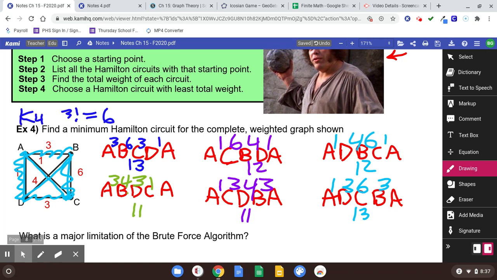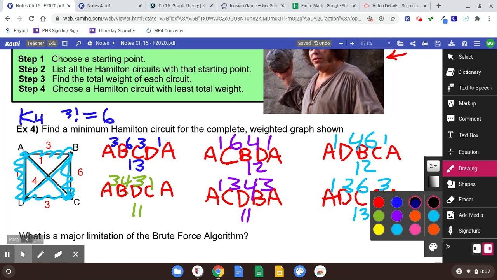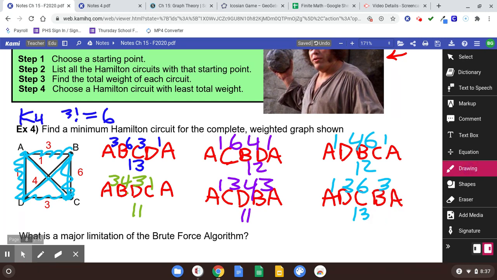So you're going to pick the minimum weight. The minimum weight looks like 11, right? Oh, notice there are ties. Can anybody speak to that? Does anybody know why there would be a tie? Why it makes sense that there's a tie? Exactly. If you go around one direction or you go the exact opposite reverse direction, of course that's going to have the same weight.